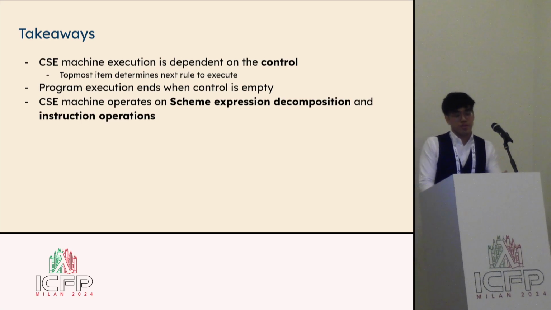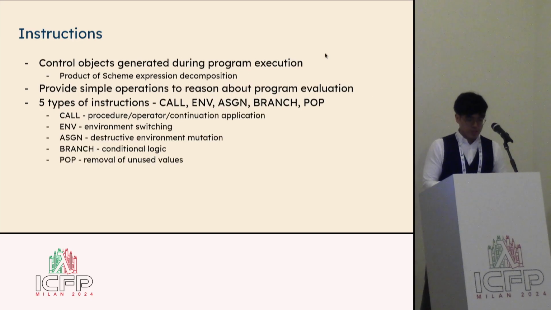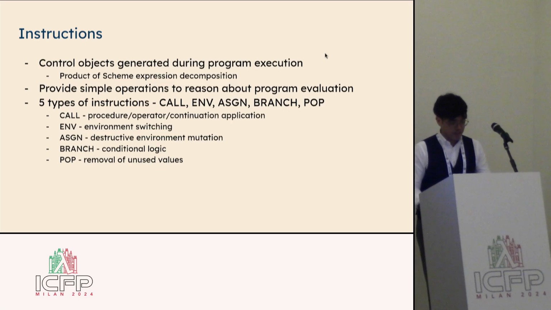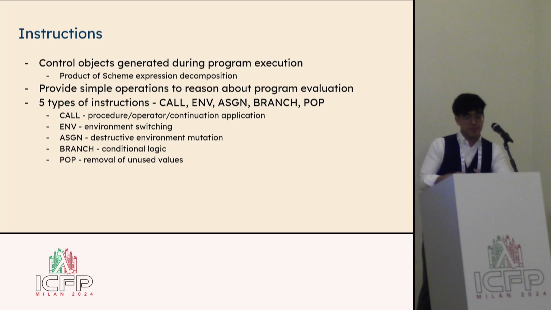So going further into what instructions actually are, instructions are control objects that are generated during program execution, and they are byproducts of expression decomposition. Now, each instruction in the CSC machine provides a simple operation which is relevant to explain how the program evaluates.